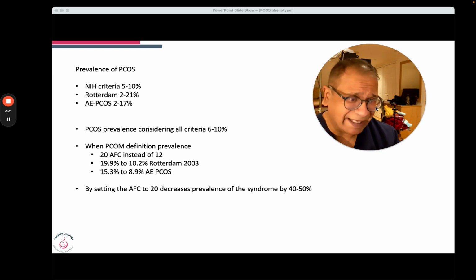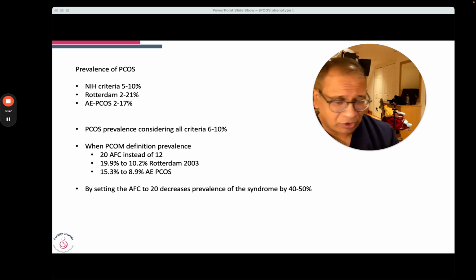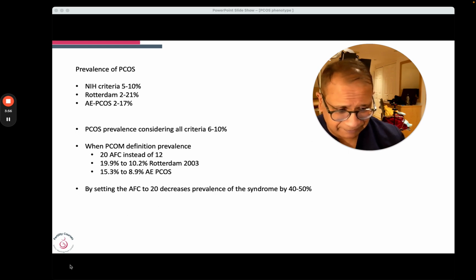As soon as you increase the number of antral follicles to 20, then 19.9 to 10% by the Rotterdam classification would be PCOS, and 15.3 to 8% would be from the androgen excess. So by increasing the number of follicles, you are decreasing the prevalence of the syndrome by 40 to 50%.